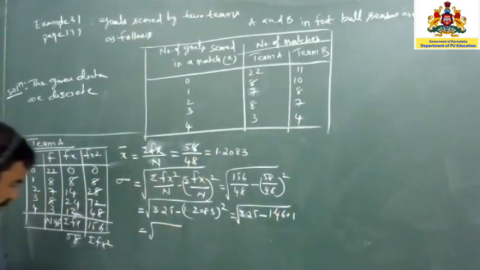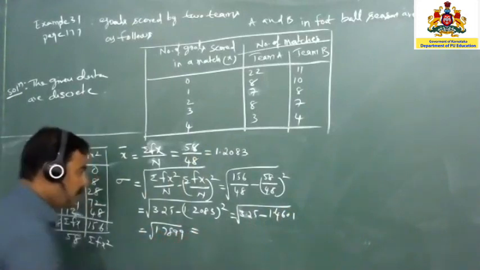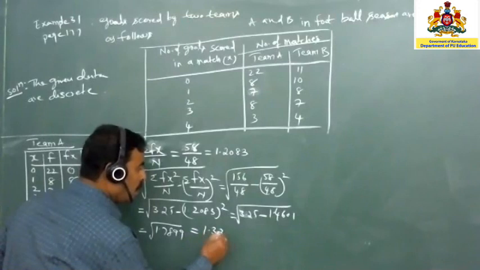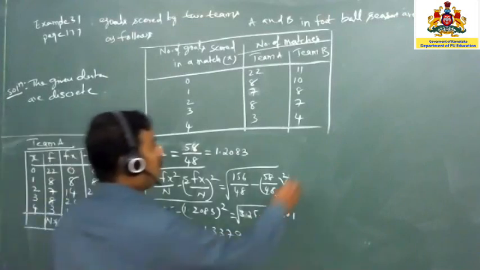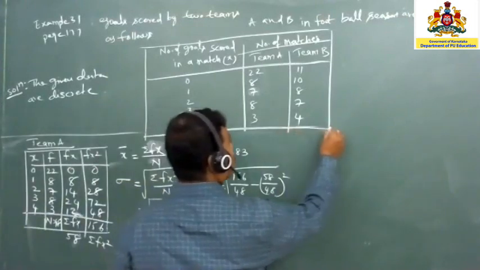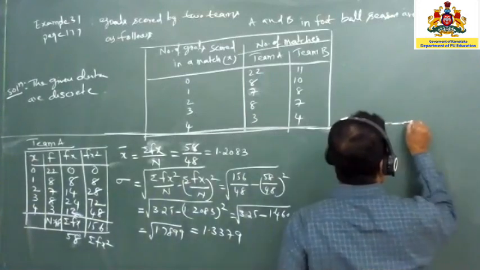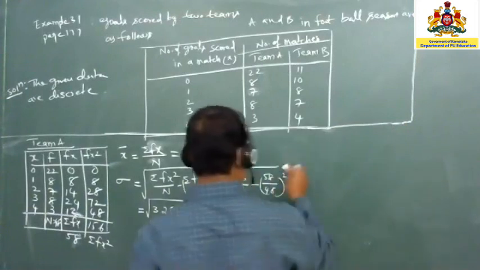Square root of 1.7899 is 1.3379. Now CV I will calculate from the given question. It is for team A.